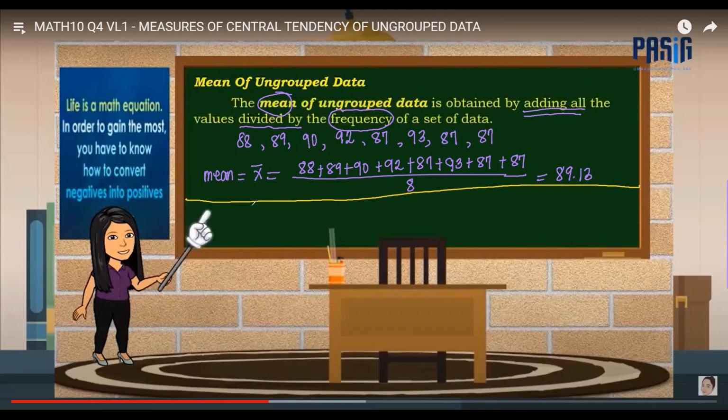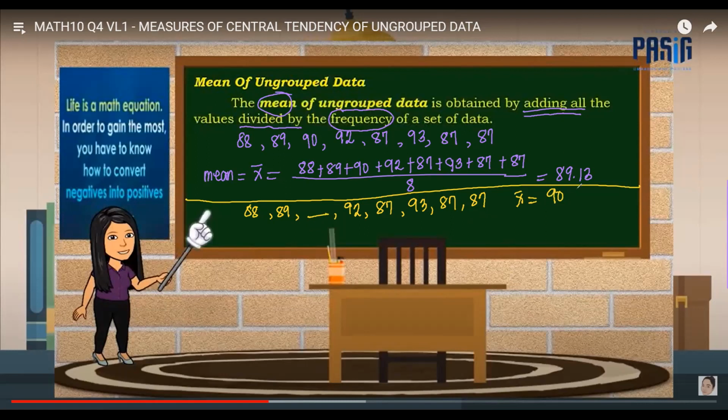Because ang grade na binigay sa'yo sa ibang subject ay 88, 89, blank yung sa math, 92, 87, 93, 87, 87, and then you want to have a mean of or an average of 90. What should be the value here for you to get an average of 90? Ano kaya yung dapat mong grade sa math?